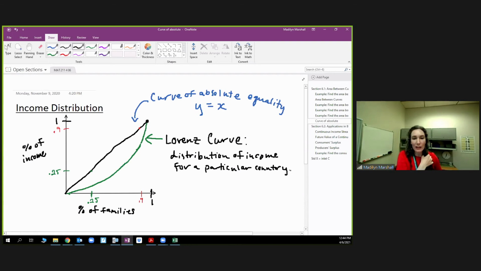Probably all countries do not have an exact equal distribution of income. Everyone is not getting the exact same amount of income.